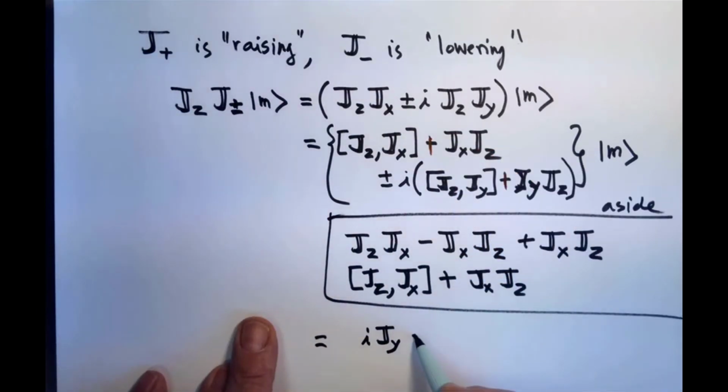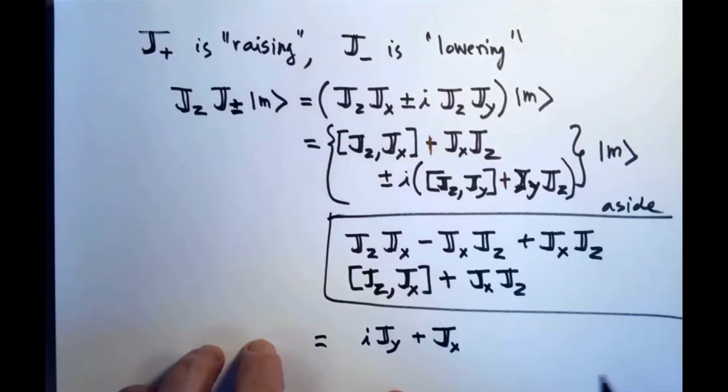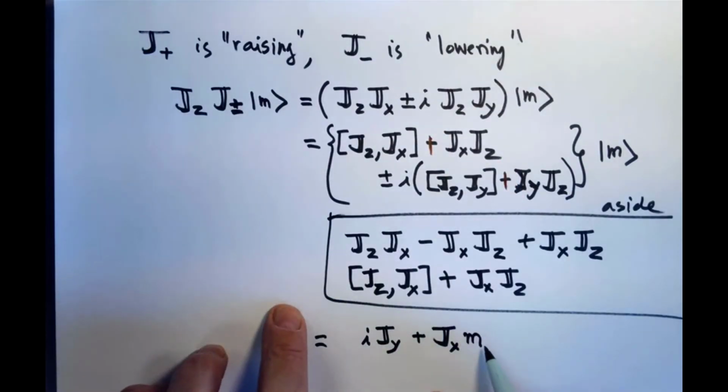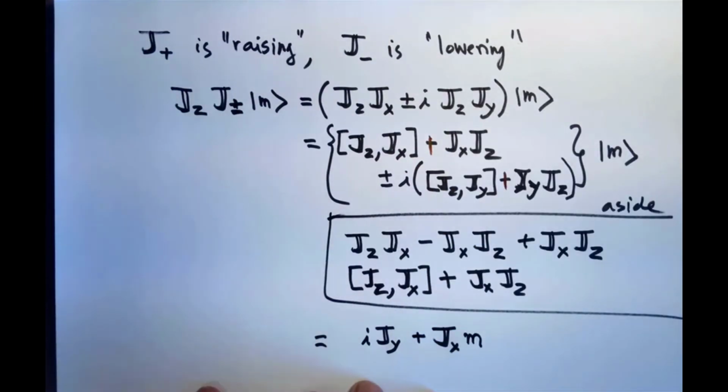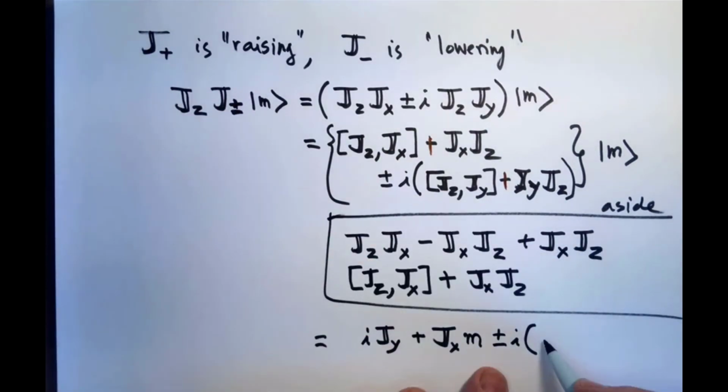Now this is plus Jx, but Jz acting on its eigenstate just gets replaced by integer m, so that's this term. And there is a plus minus i. This, I think, gives me a minus sign.